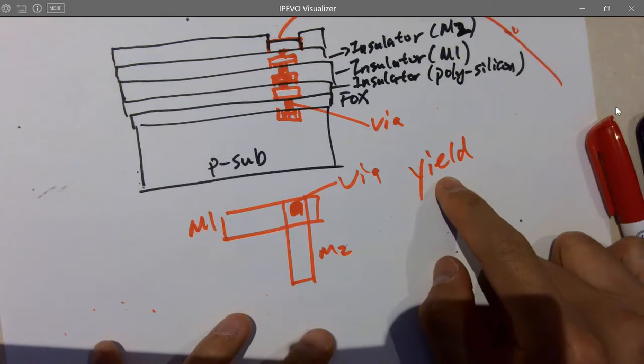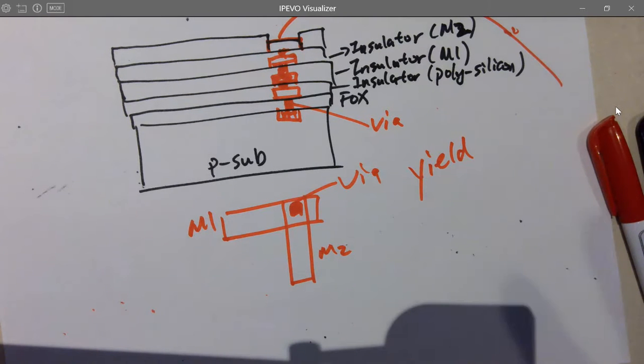Yield. They have a wafer with like 200 chips fabricated, and there are like 190 good chips. And what you're doing in the lab, there's only 1 or 2. So the cost will be like 100 times higher. Definitely you cannot sell the chip anywhere.